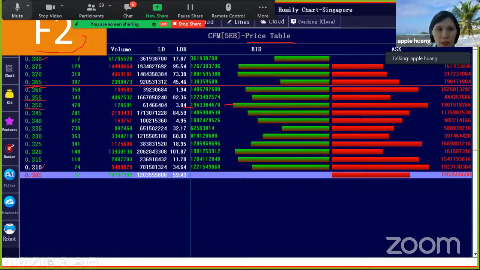Here you will see the trade price, and at this trade price, how much is the bid volume, and what is the ask volume at this price?